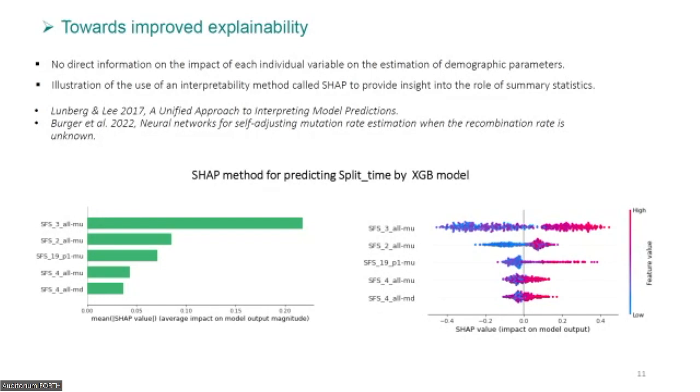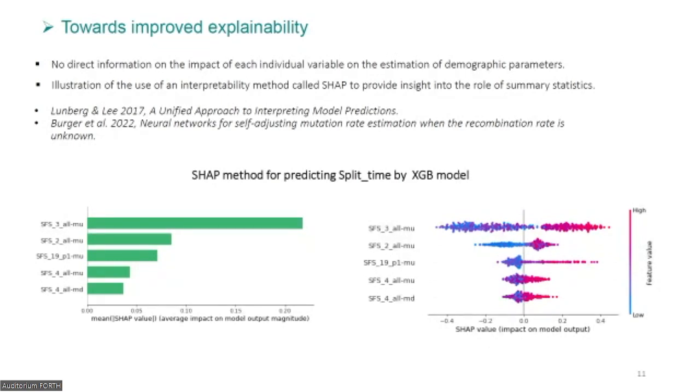It is something that we tackled here using a method called SHAP, that quantifies the effect of the value of a given summary statistic on the prediction of the demographic parameter. It was in particular already used in population genetics, in relation with recombination rate, by Berger et al. And here I show the results for the prediction of the split time by the XGB model.